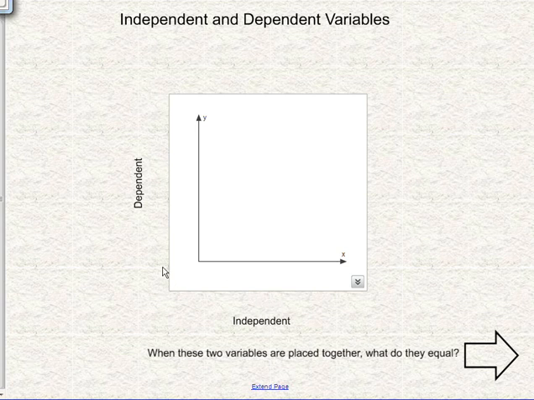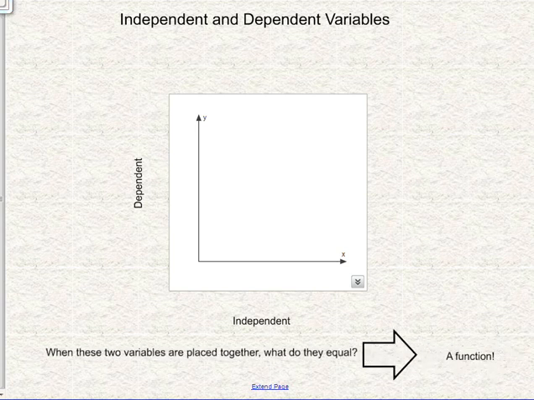And then we also have the dependents. These are along the y-axis, or they're the outputs. Depending on what our input is, we then can find our dependent. And when we put these two variables together, they become a function.